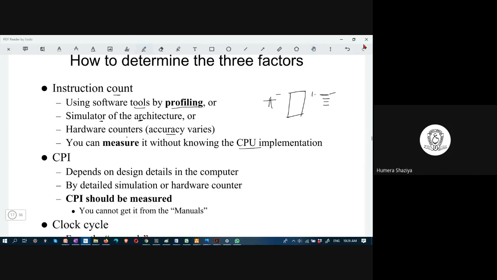This one instruction perhaps would be mapped to three instructions in hardware in machine language. That could be done without actually writing the program in a computer system. By using tools, this kind of measurement would also be done.